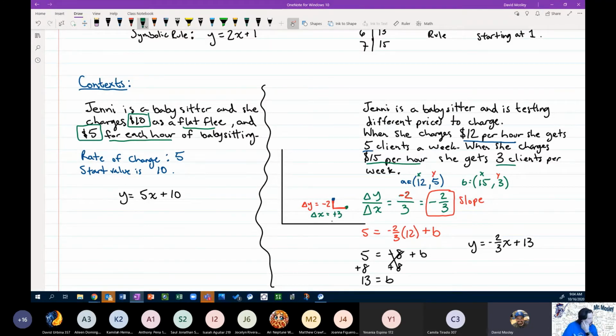So then when I need to find b, I need this value. This value of b tells me where I'm going to cross the y-axis.